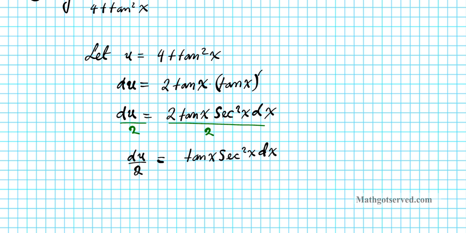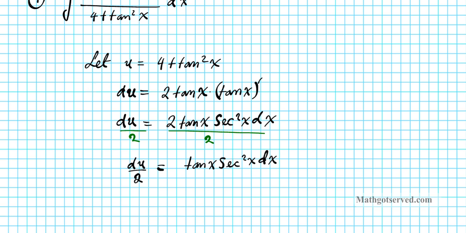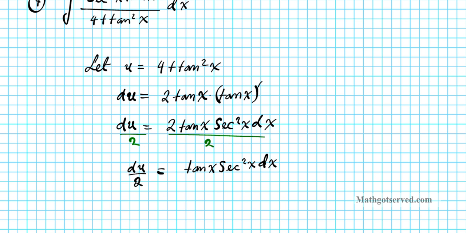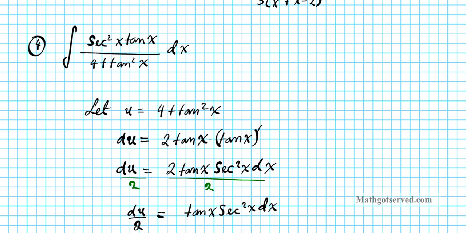Okay. All right. So let's go ahead and do the substitution. Let me do it on the side here so that you can see what's happening without getting confused. Partition my workspace.